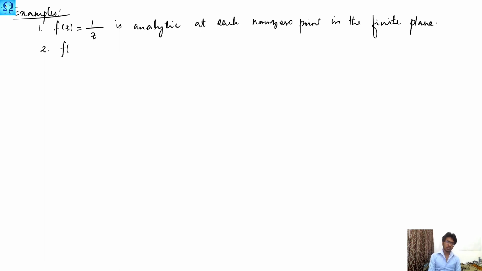Your f of z equals absolute of z square is not analytic at any point, because this function possesses derivative only at the point 0, not even in any point of its neighborhood. If you take some neighborhood of the point 0, be it very small or be it very large, it does not possess derivative at any of its points, hence it is not analytic at any point.